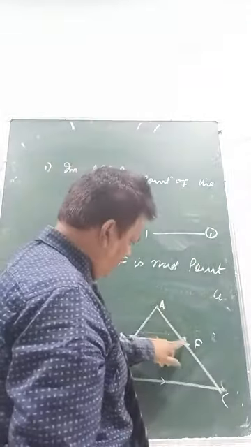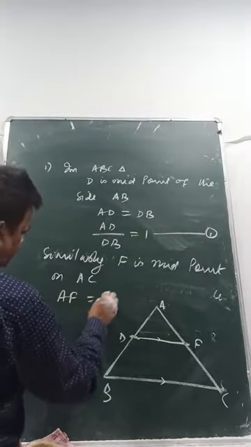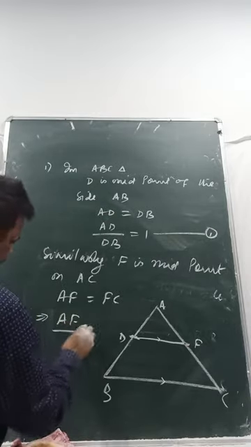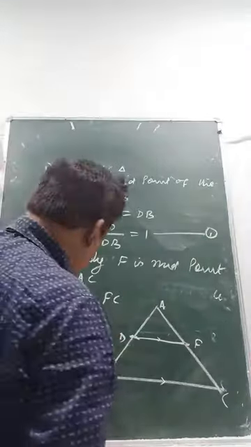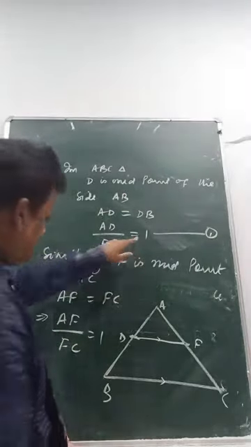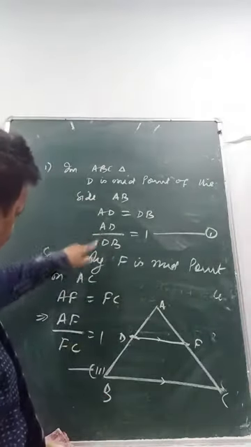Midpoint means AF equals FC. So AF by FC equals 1 as well, that means these two are equal.